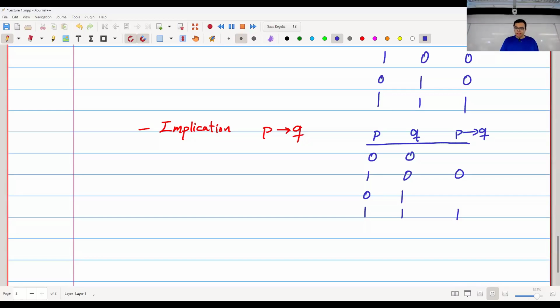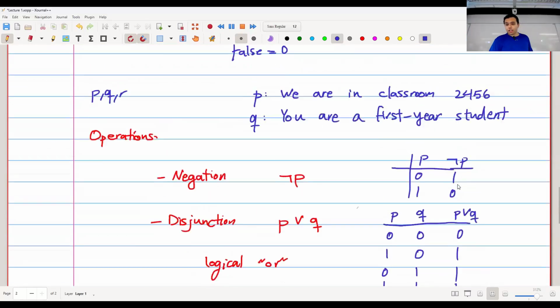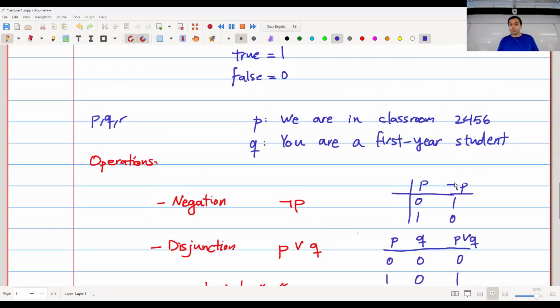Now, the other two cases are actually much more interesting. These are the cases where the premise is already false. So I promised you that if we are in this classroom number 2456, then you're a first-year student. But as you know, right now we are not in this classroom.